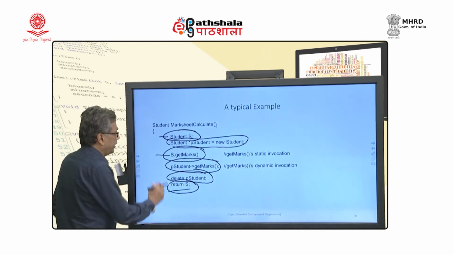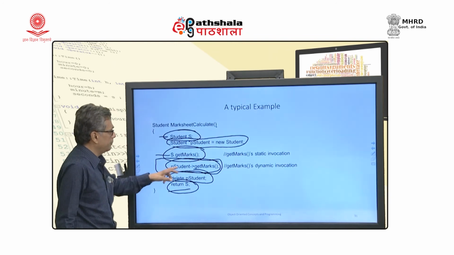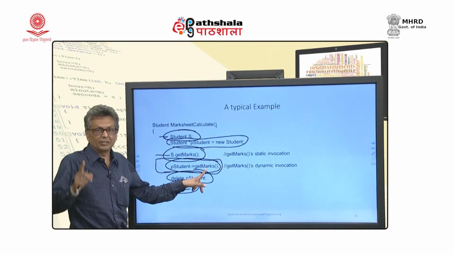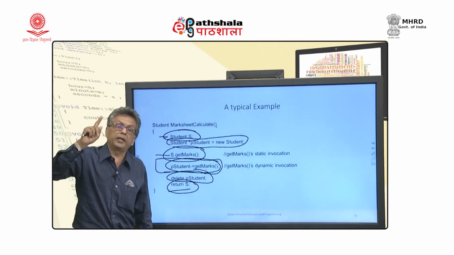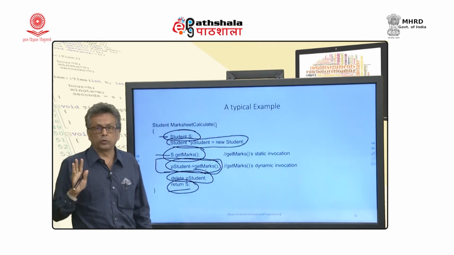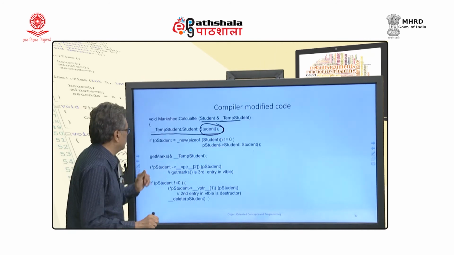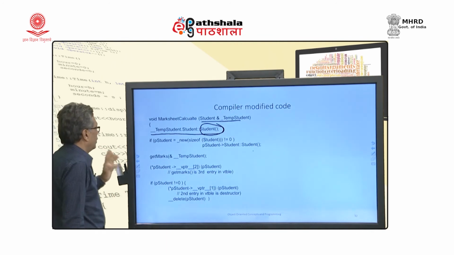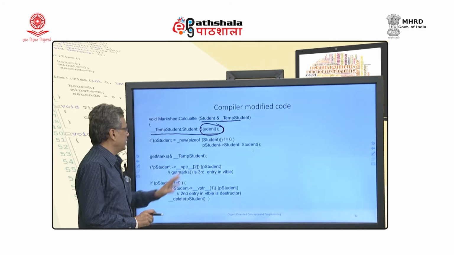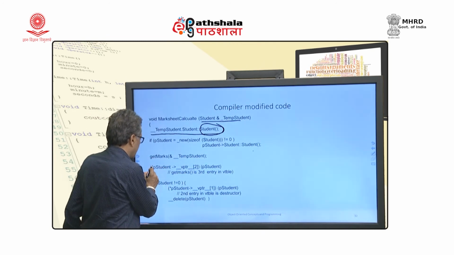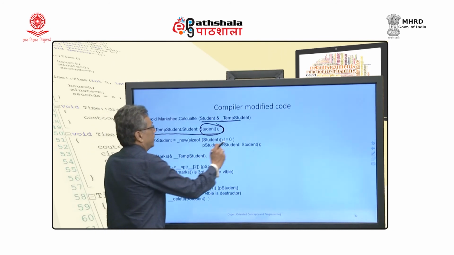Now, the point is the compiler will have to find out where p student is pointing to and find out the get marks function where p student is pointing to. Now, that is very critical. How it is converted is the most important part here. So, what will it do? When I say star p student pointer vptr, what am I actually doing? This star has lesser priority than this, so this happens first.